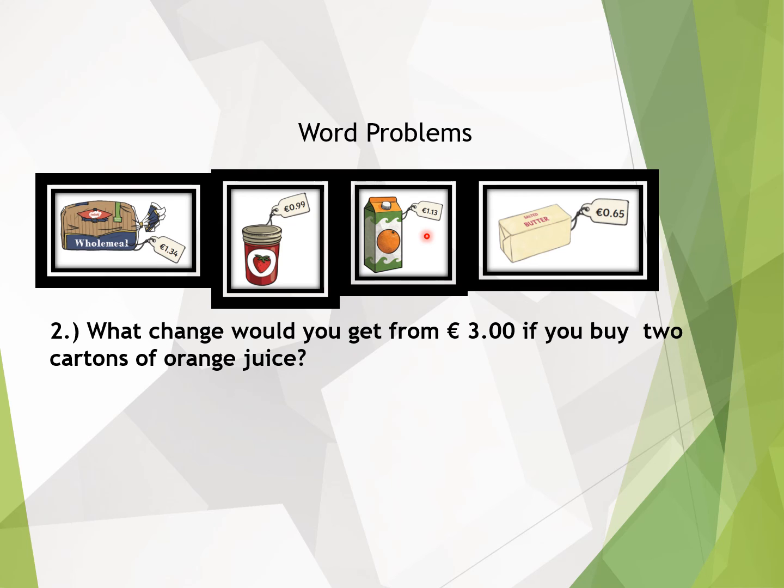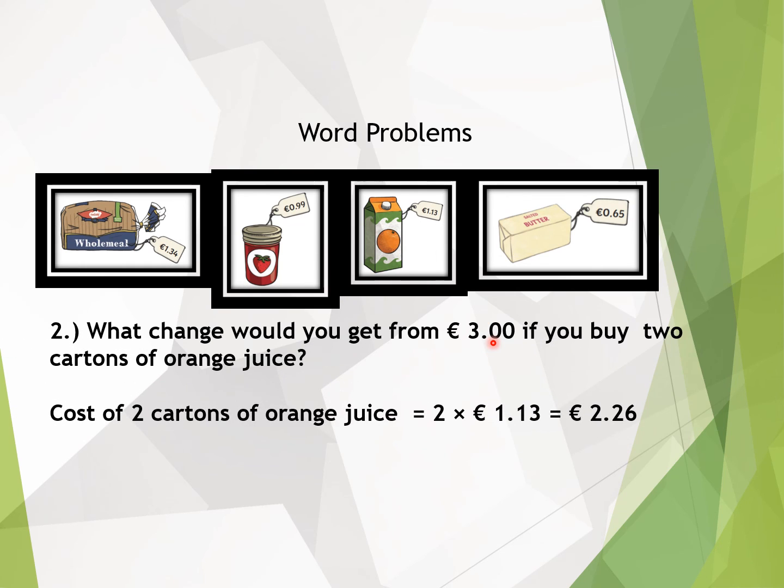If you buy 2 of them, what change will you get from 3 euros? We need to find the price of 2 cartons of orange juice, and it is 2.26 euros. That is, 1.13 euros twice gives you 2.26 euros, which is the cost for 2 cartons of orange juice.